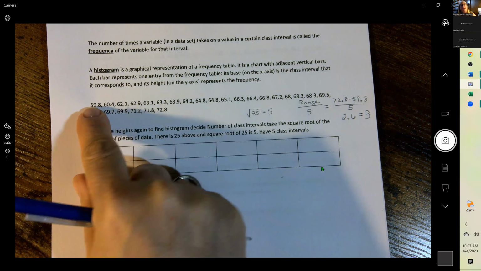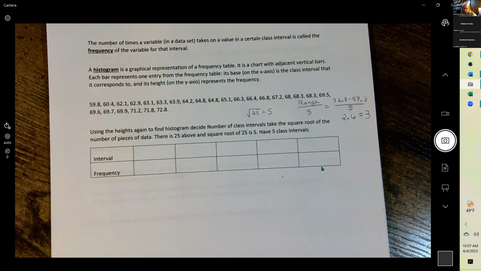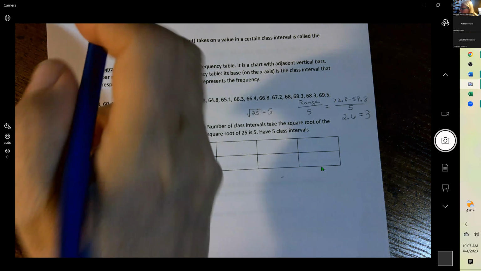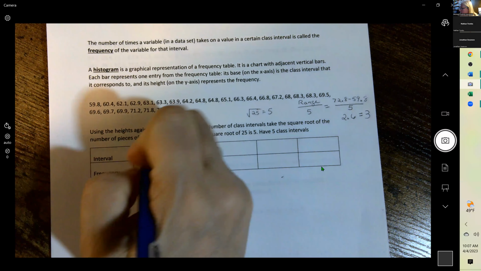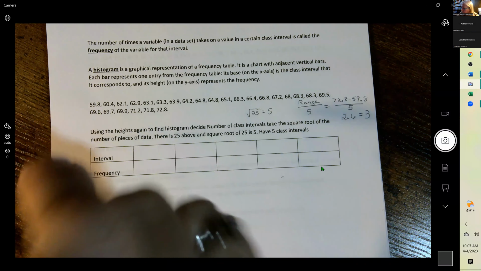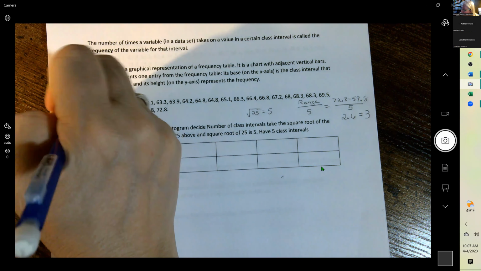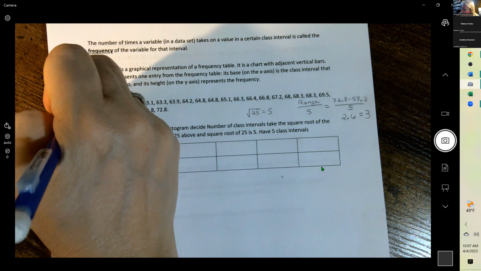To include this, I would go to 59. You want to use an integer. You wouldn't want to use 60 because then this value wouldn't be in your histogram. So you have to go down. So this would go down to 59. Then we count by 3s. 59, add 3, 62.